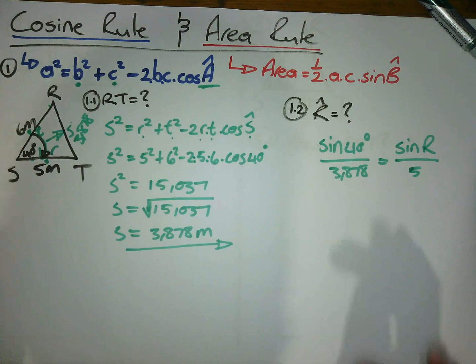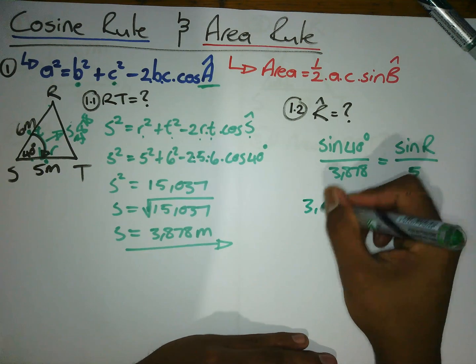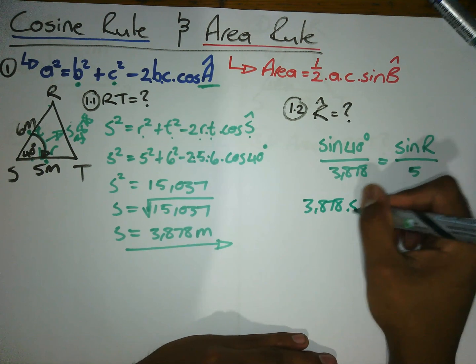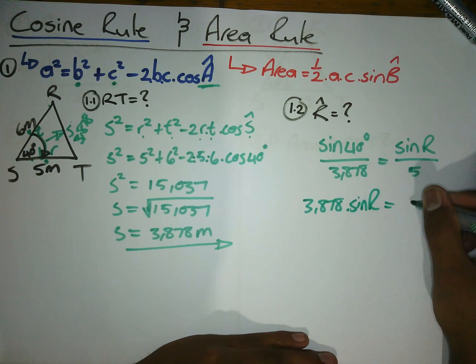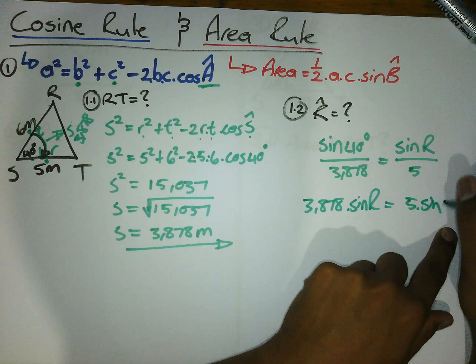Straightforward sine rule. All I do now is cross multiply. When I cross multiply, it's going to be 3,878 sin R equal to 5 sin 40 degrees.